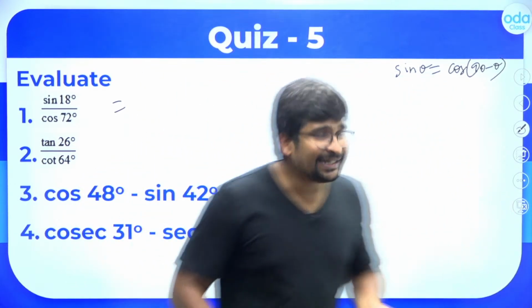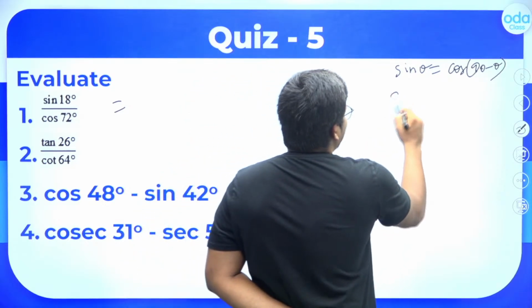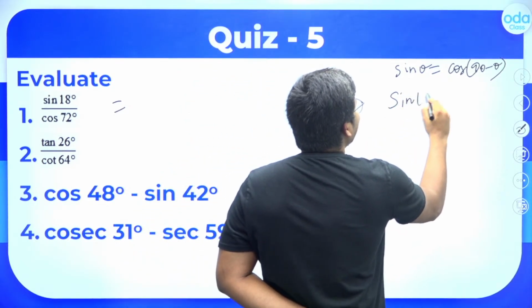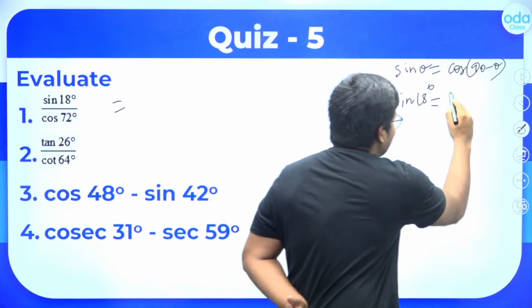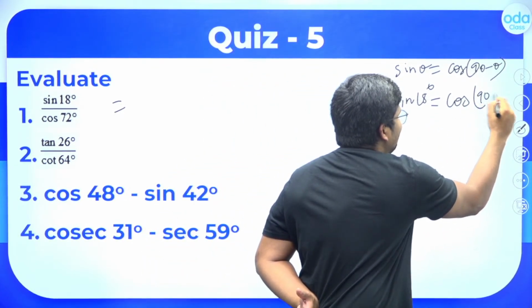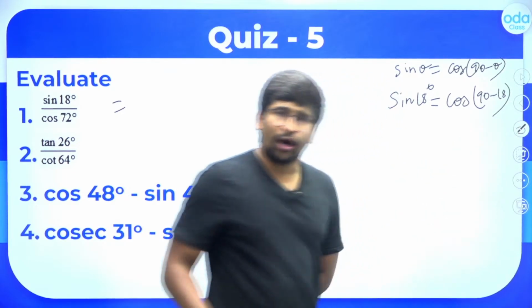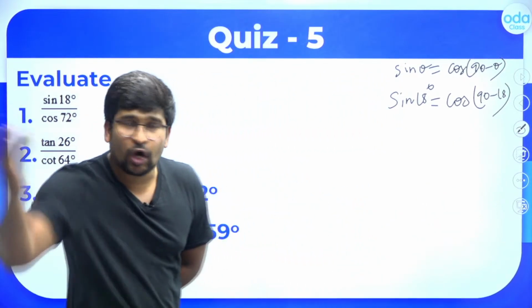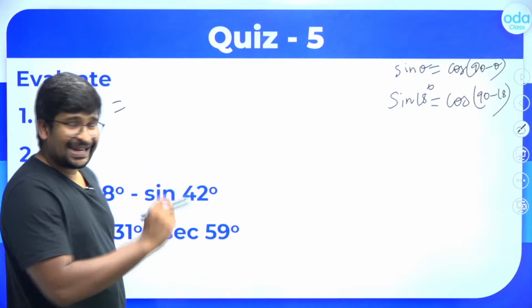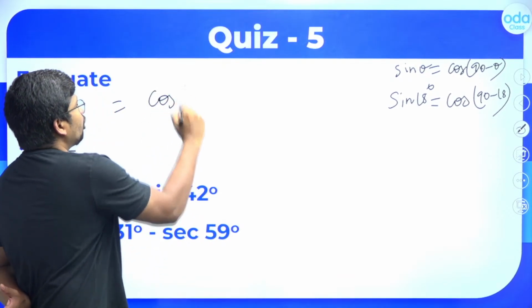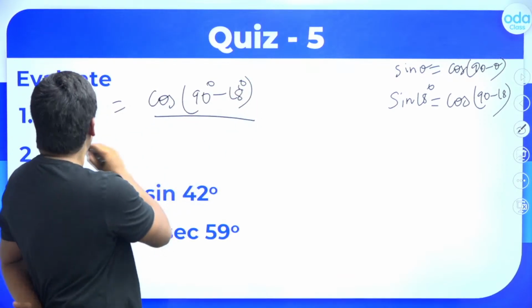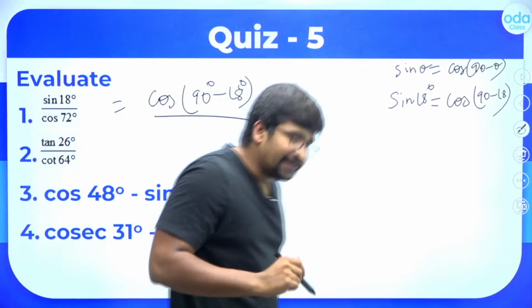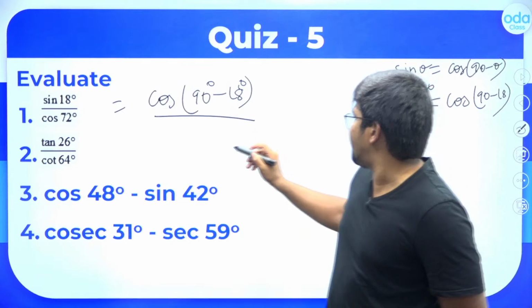So if sine theta is cos 90 minus theta, can I write sine 18 degree is equal to, here the theta value is 18 now, sine 18 degree is cos of 90 minus 18. Is it clear to all of you? Because sine theta is same as cos 90 minus theta. So sine 18 degree, I can write it as cos of 90 degree minus 18 degree whole divided by, what is there in the question? In the denominator there is cos 72.